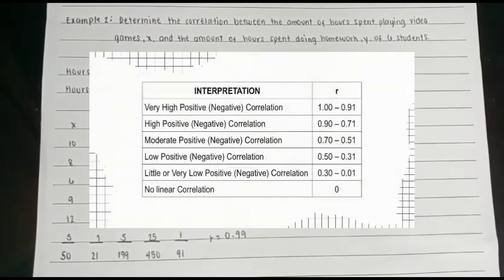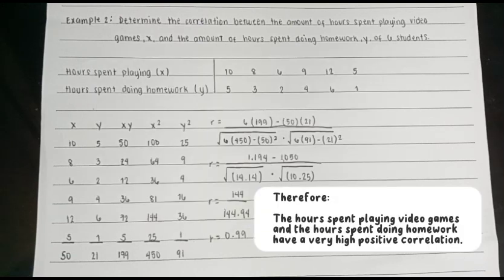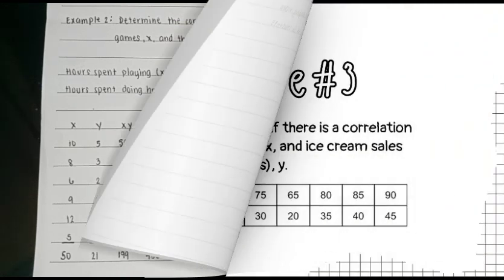As you can see on the interpretation of correlation that 0.99 is very high positive correlation. Therefore, the hours spent playing video games and the hours spent doing homework have a very high positive correlation.